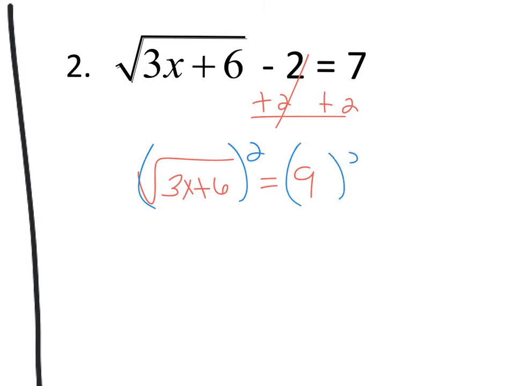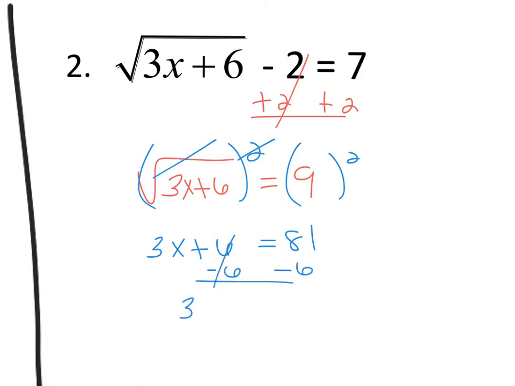The goal, remember, to do this is to cancel out the square root. 9 squared is 81. Next step, subtract 6, because you're going to start to solve for x. 3x would equal 81 minus 6 is 75. Divide by 3, and x would equal 25.